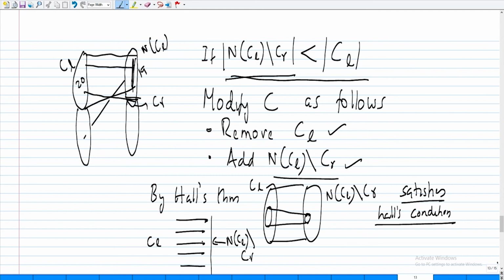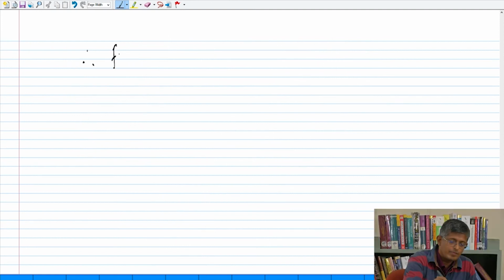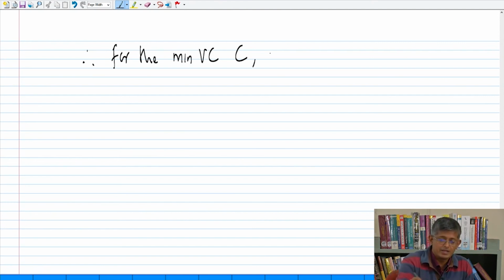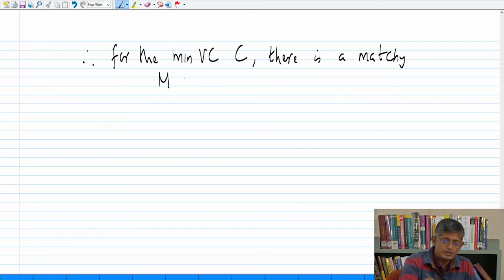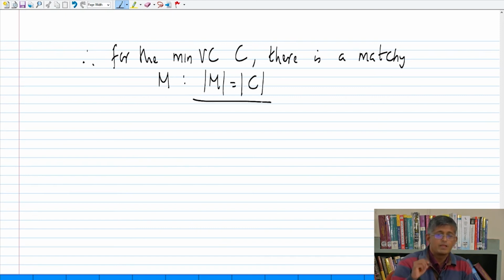Therefore, what have we proved? For the minimum vertex cover C, there is a matching M such that the number of edges in the matching is equal to the number of vertices in the cover.